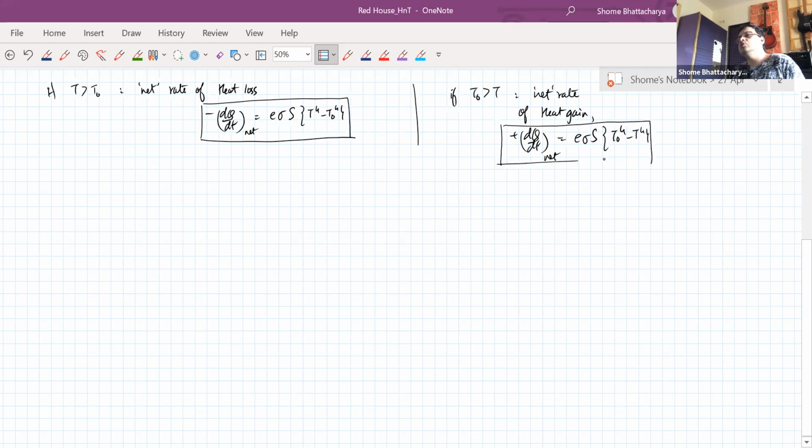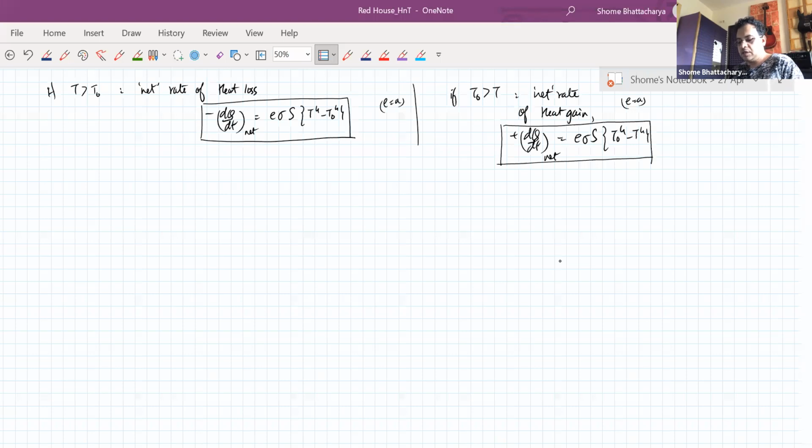So this is what we have learned so far. Of course, these equations come because emissivity is equal to absorptivity for any material. I think we saw a couple of examples of the application of this in the last lecture.